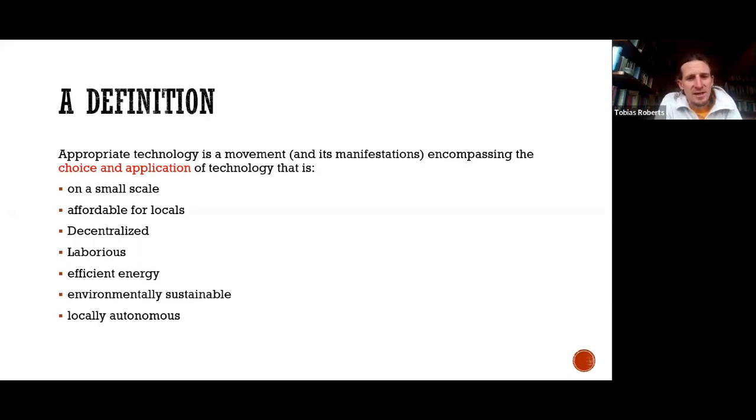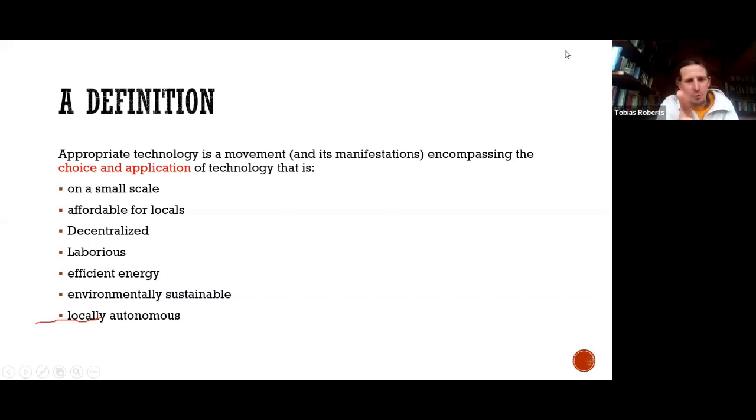It says that appropriate technology is a movement, so it's not just a technique, it's a movement and its manifestations encompassing the choice and application of technology that is: one, small scale in nature; two, affordable for local communities and local individuals; three, decentralized; number four, labor intensive; number five, energy efficient; number six, environmentally sustainable; and lastly, locally autonomous. So we're going to look at these one by one as we go through.